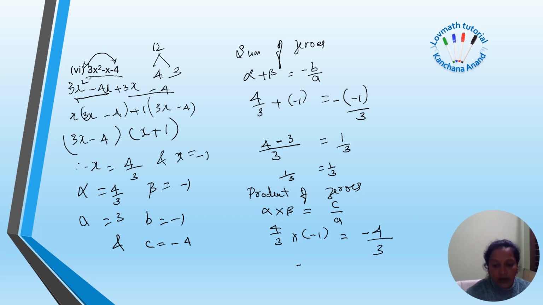This becomes minus 4 by 3 is equal to minus 4 by 3. So this is the verification of the relationship between the zeros and the coefficients. So this finishes the first main of exercise 2.2.